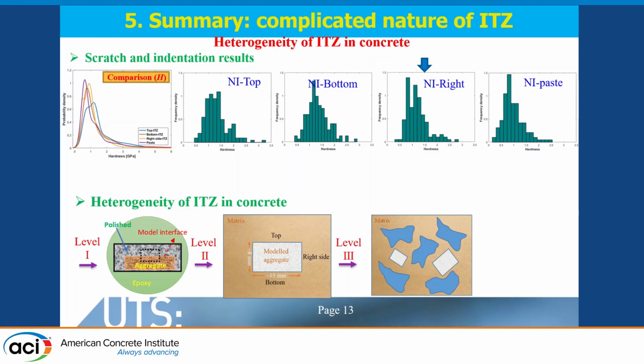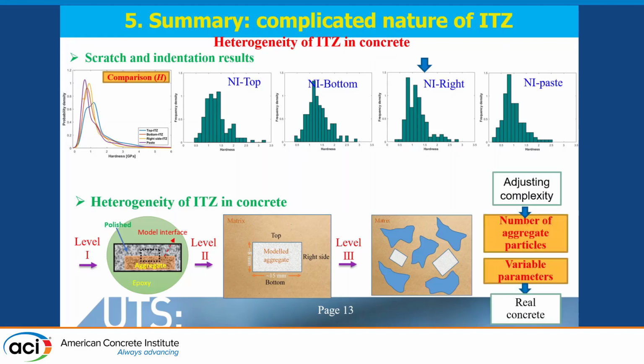It's easy to look for the hydration products and the interface characteristics. But in a real situation, you need to study all the different sides. That is level 2. We only studied level 1.